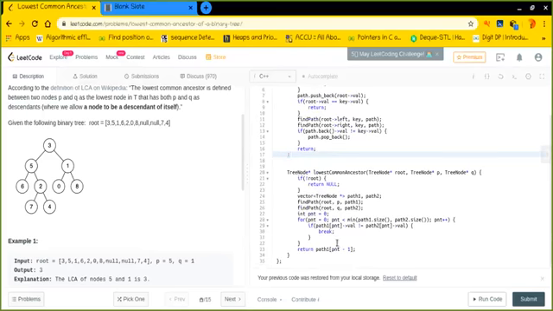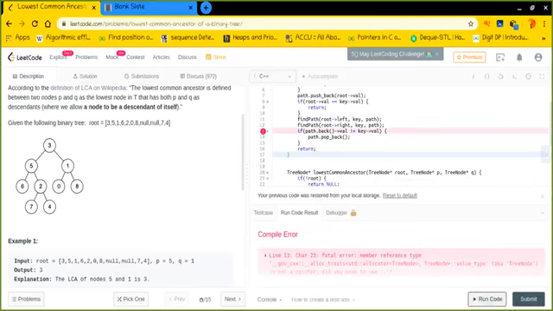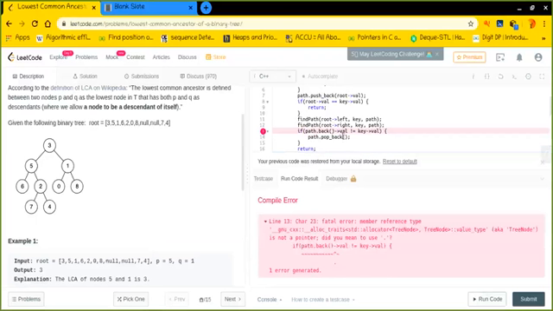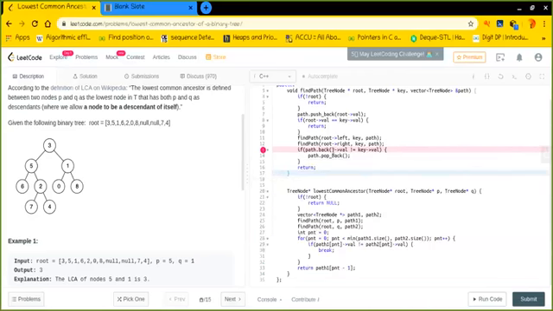So let's test whether it is working or not. Okay, there is some error. What is the issue?